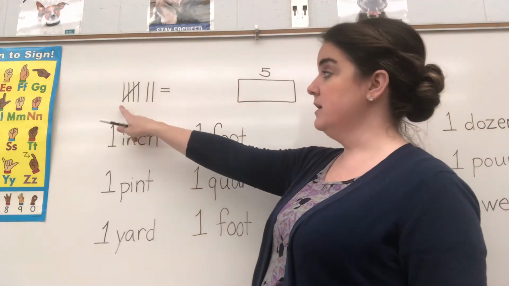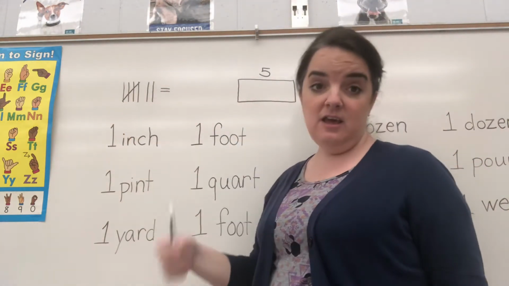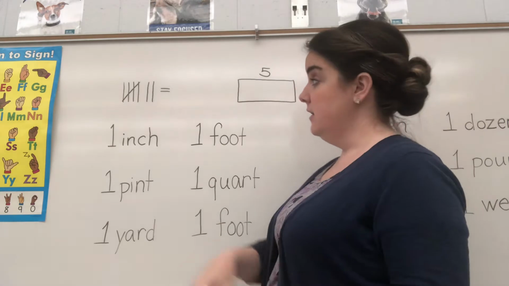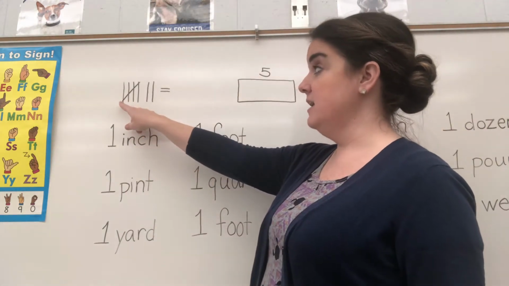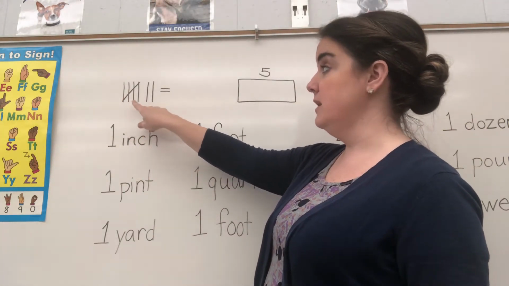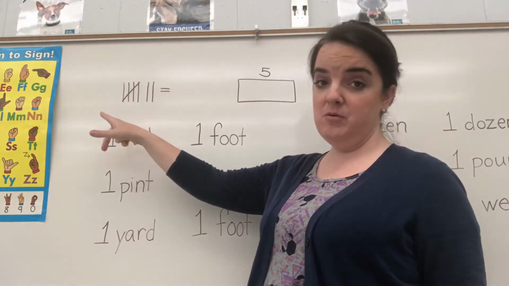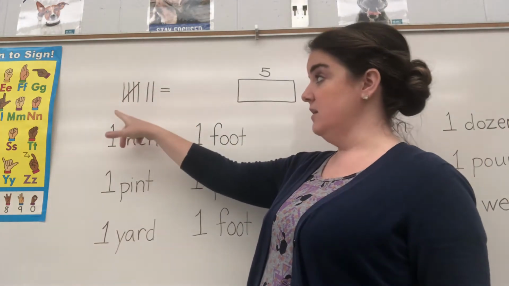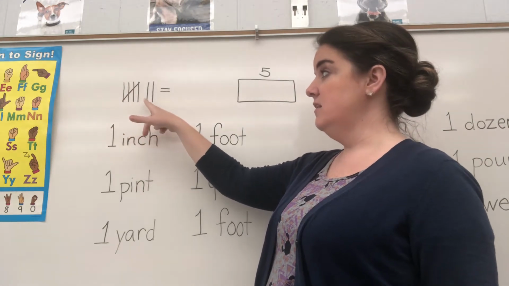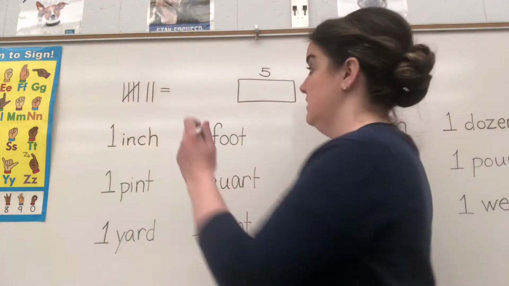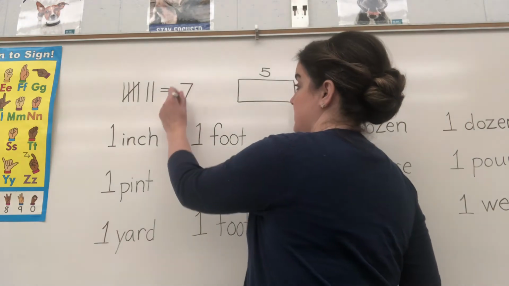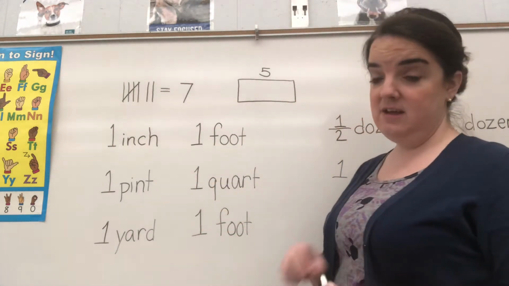So ready? We're going to count each line. Each line counts as 1. All right, so let's count them together. Ready, go. 1, 2, 3, 4, 5. Remember the line that's through all the other lines also counts as 1. So this is 5, 6, 7. All right, so you're going to write 7 because there's 7 tally marks.